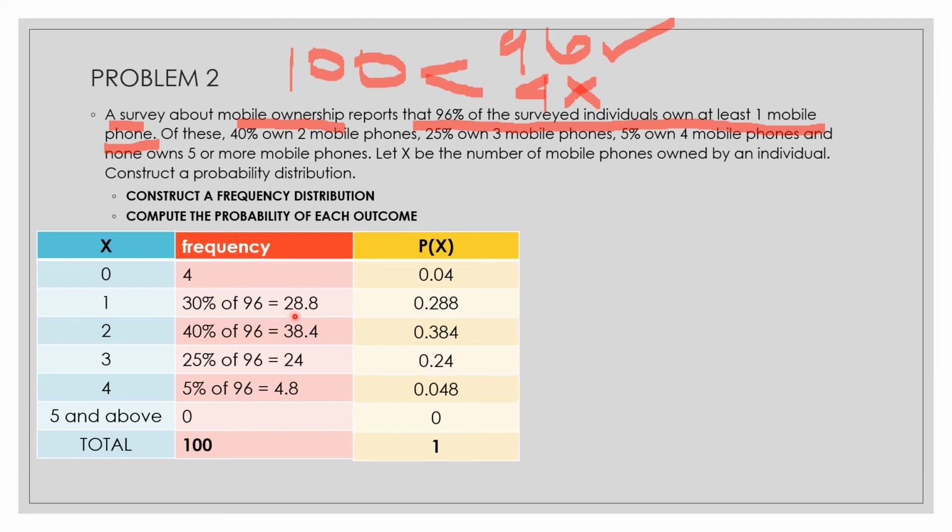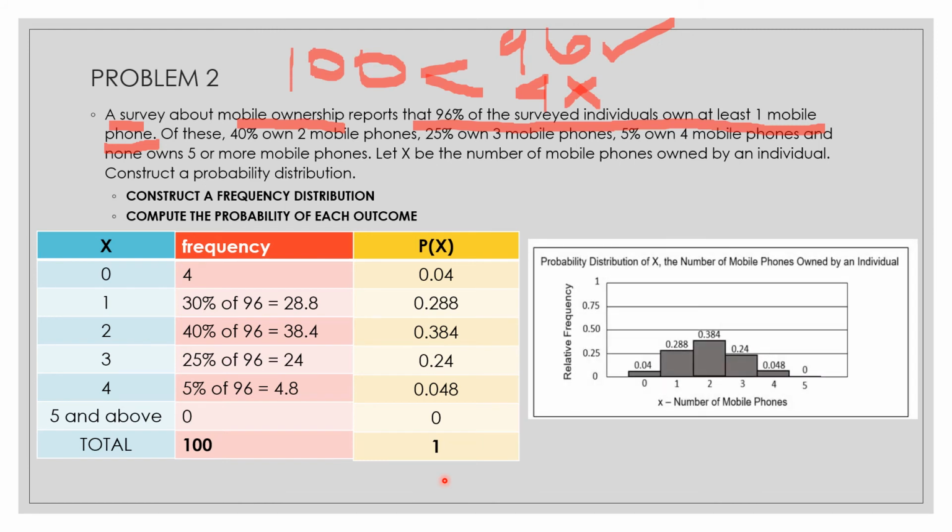For 1, 28.8 divided by 100, kaya may 0.288. 38.4 divided by 100, kaya may 0.384. 24 divided by 100, kaya may 0.24, and so on. If we're going to add all these 6 probabilities, we are going to arrive at 1. Kasi nga sabi natin kanina that the sum of the probabilities should be equal to 1.